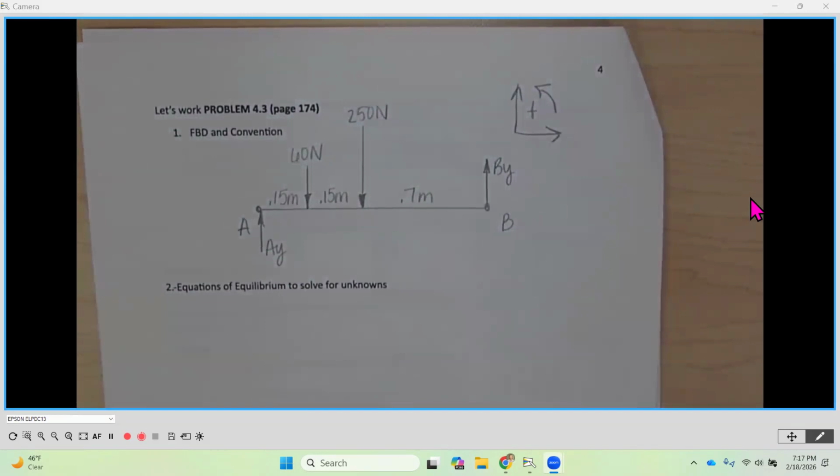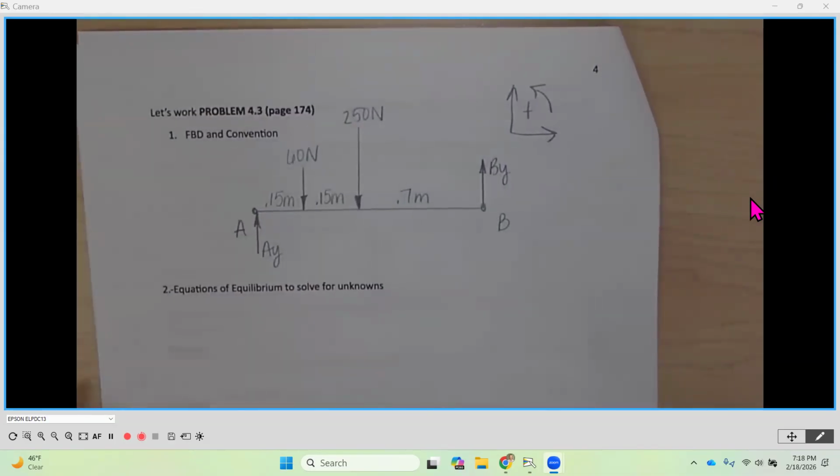So any questions right now about the free body diagram? So one force at each one of the supports, and they're both vertical, they're both pointing up at this time. And we'll see if we're right or not.